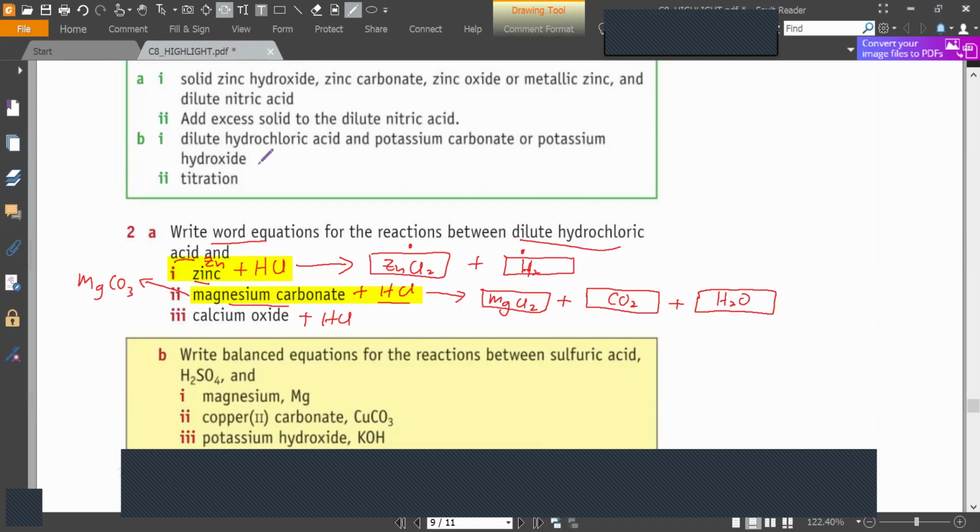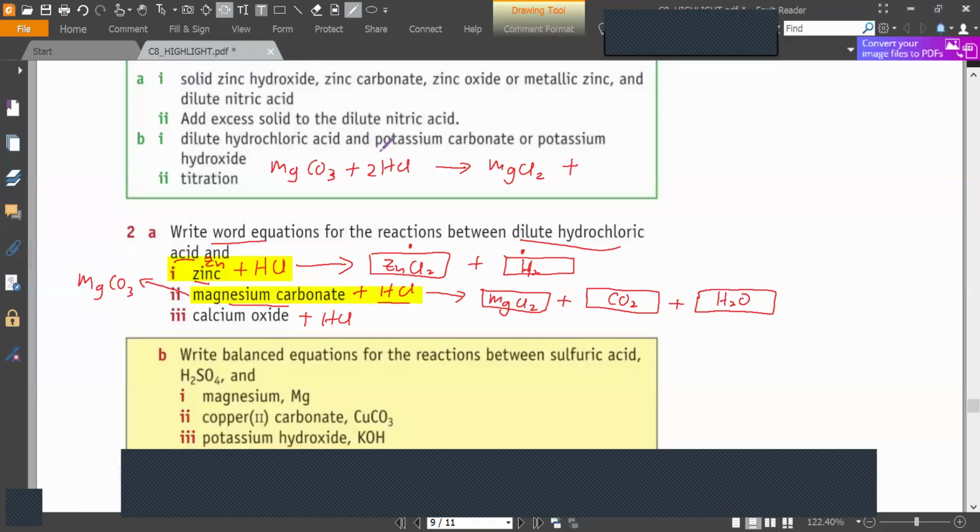So we can take a look. Magnesium carbonate plus hydrochloric acid. First we need to balance. Because Mg is 2 plus and chloride is minus 1, it will be MgCl2.